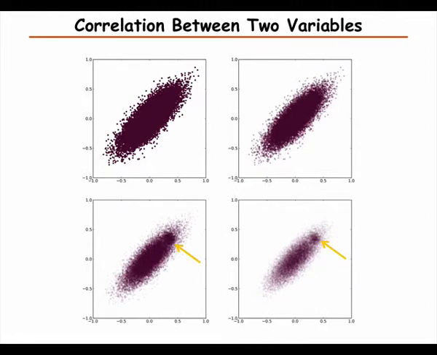Here's another example where there is a little bit more structure in the data. If we just add a little bit of transparency, we don't see anything different. But if we add more transparency, we see that there is a feature here that's separate from the other distribution.